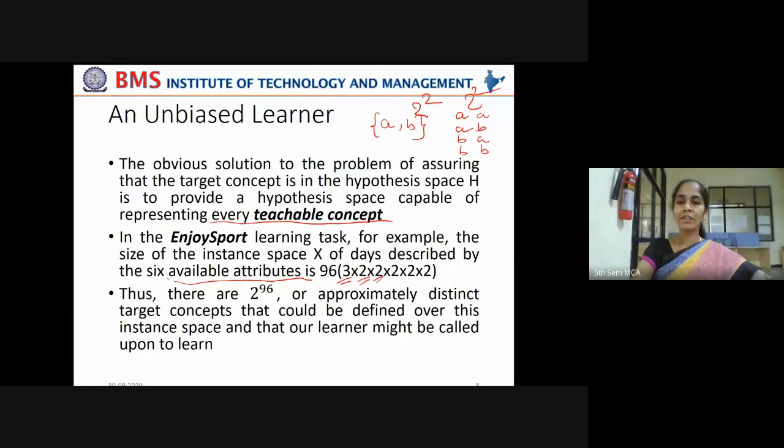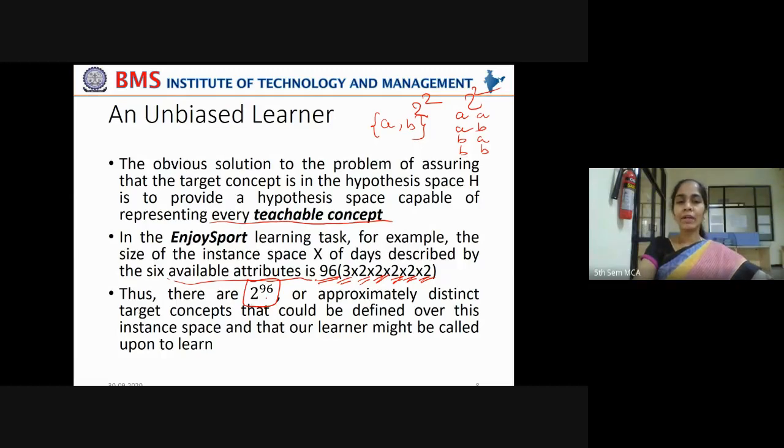Say the forecast attribute will allow 2 values. Like that, you have some allowed values under those 6 attributes. Now, what are the possible combinations? 3 into 2 into 2 into 2 into 2 into 2. So 96. From that, how many concepts can you generate? Power set of that. That is 2 power 96. The amount is very huge, right?